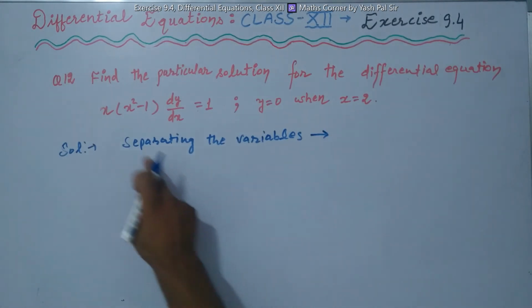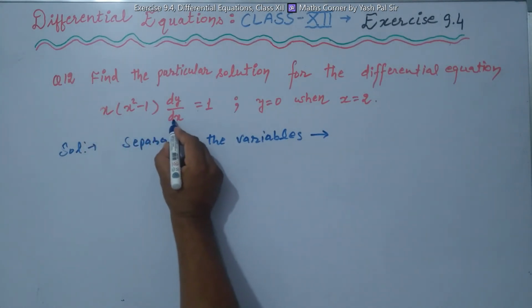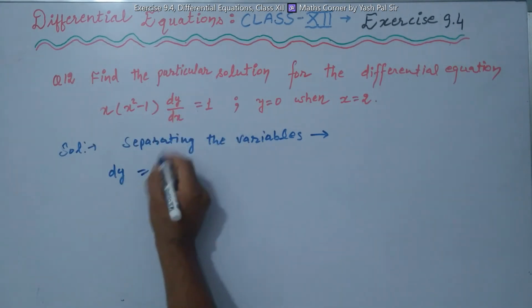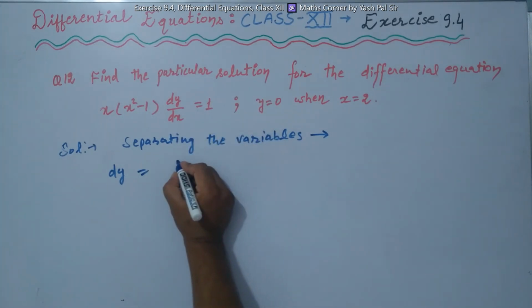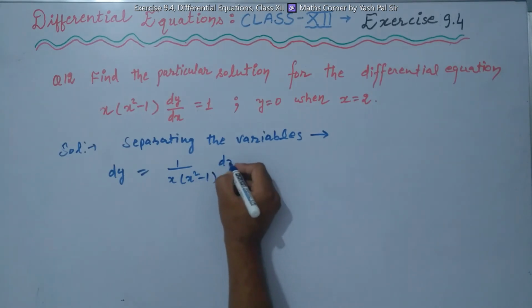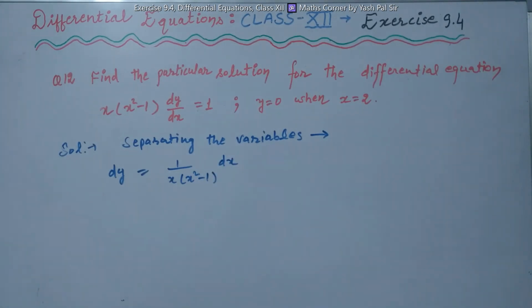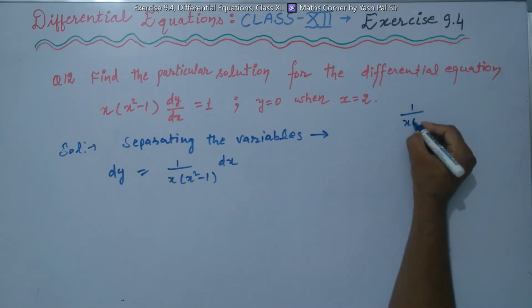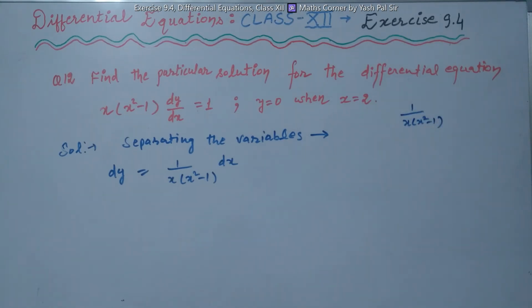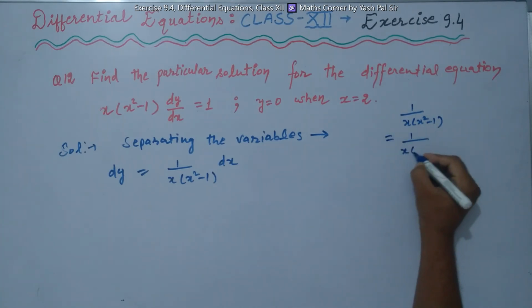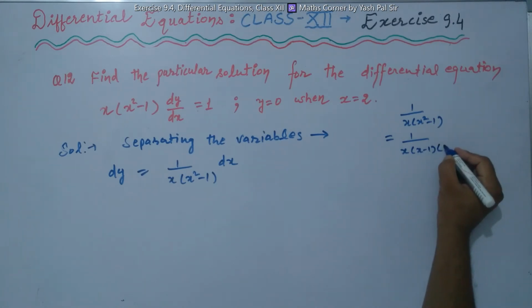How to separate the variables? dx will go to the right-hand side, dy remains alone, with 1 upon x into x square minus 1 into dx. So in the denominator we see 1 upon x into x square minus 1. This can be written as 1 upon x into x minus 1 into x plus 1.